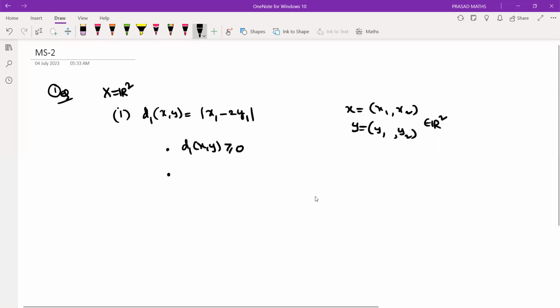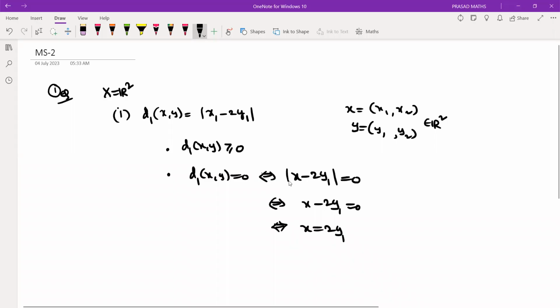What is the second property? Distance is 0. By the definition, mod of x1 minus 2y1 is equal to 0. But mod is 0 if and only if x1 minus 2y1 equals 0, that is, if and only if x1 equals 2y1.